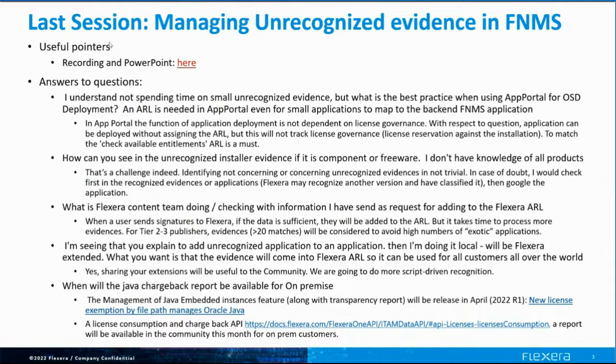So we could imagine that you manage a part of your applications in App Portal related to ARL, where you will be able to understand the consumption of the licenses, and a part of, I would say, more tactical or more tool-oriented applications, where you actually don't need to manage the application in the ARL.